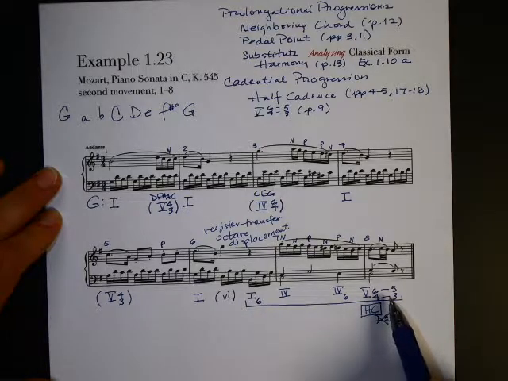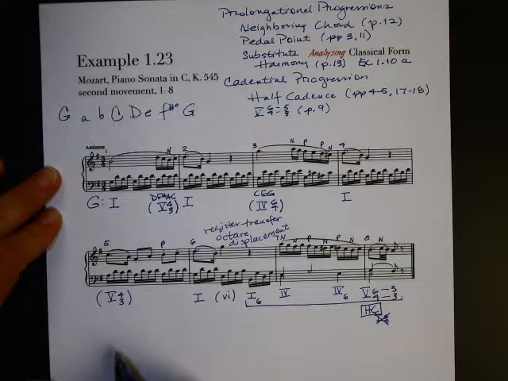I'm going to diagram out the harmonic function. Measures 1 through 6 are all tonic. It's a tonic prolongation, so 1 through 6 is tonic function. Measure 7 is the predominant function, and measure 8 is the dominant function.